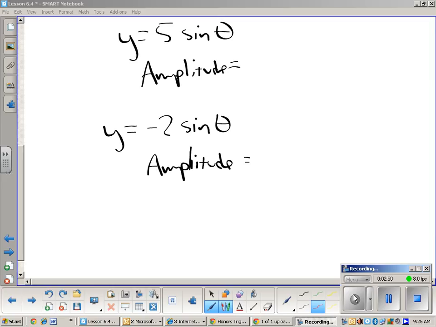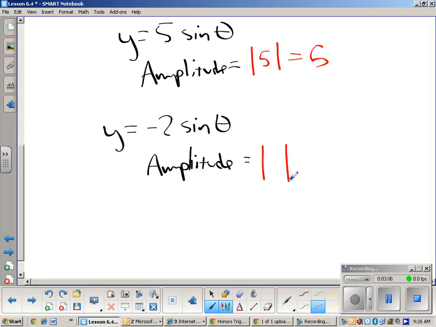Y equals 5 sine theta. So the amplitude is the absolute value of 5, which is 5. Second one, y equals -2 sine theta. Amplitude is the absolute value of -2, which is 2.